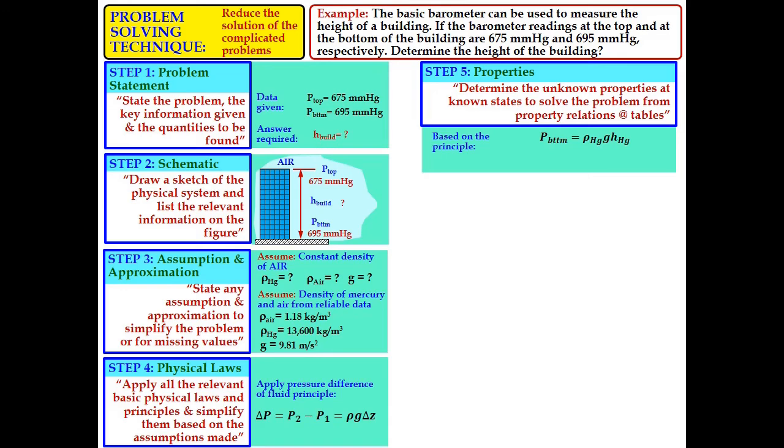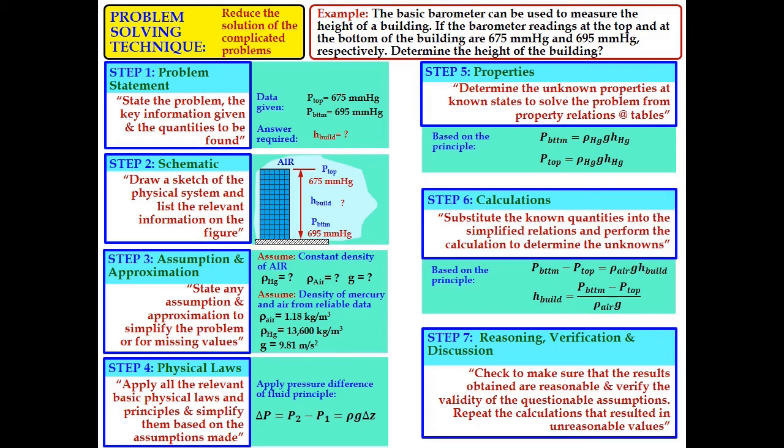Based on the principle, we know that the bottom pressure P bottom equal to rho Hg multiplied by g multiplied by H Hg, the height of the column of mercury in the barometer. And the top pressure P top equal to rho Hg multiplied by g multiplied by H Hg, the height of the mercury at the barometer.